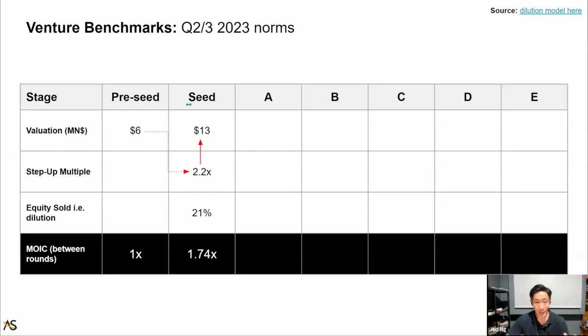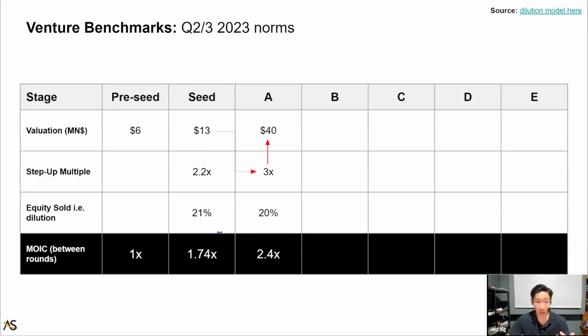When you go from pre-seed to seed stage, we see a 2.2x step-up multiple to $13 million pre-money valuation. And after you dilute that return by 21%, we get a 1.74x ROI or MOIC, which means that if you invested at a pre-seed stage, and if you could sell your holdings at seed stage on this median company, you would get a 1.74x return.